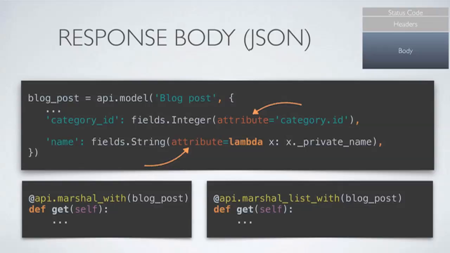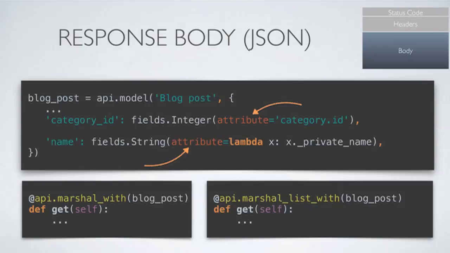One thing that can be quite helpful here is this attribute that you can specify on a field that will remap this value, the category ID value, to another field in your object. You can imagine that if you're working with an ORM and you have an object in your database that represents a blog post, it may be related to a category object through something called category, and that category will have its own fields.